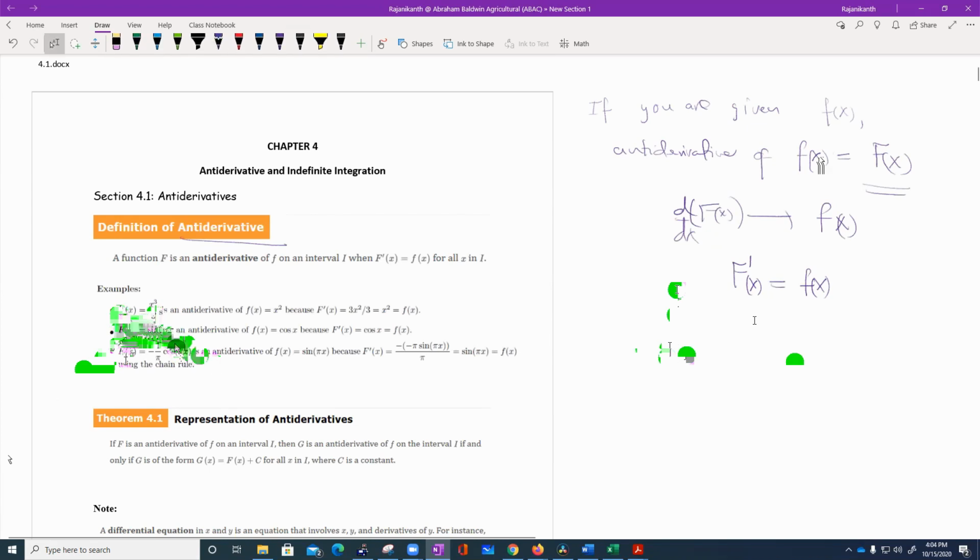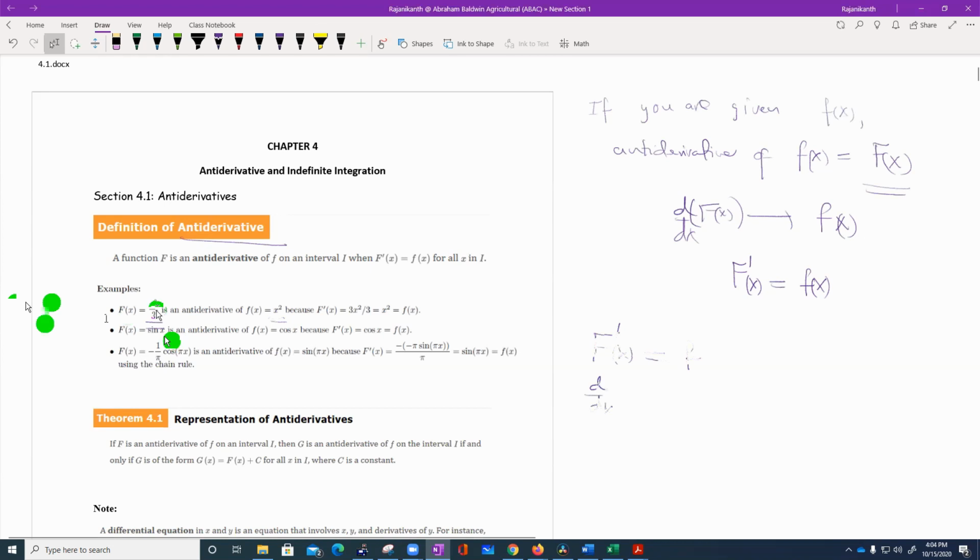This says x cubed over 3 is an antiderivative of x squared. What does that mean? That means if you find the derivative F prime, that should give you little f. Is that true? Let us check.